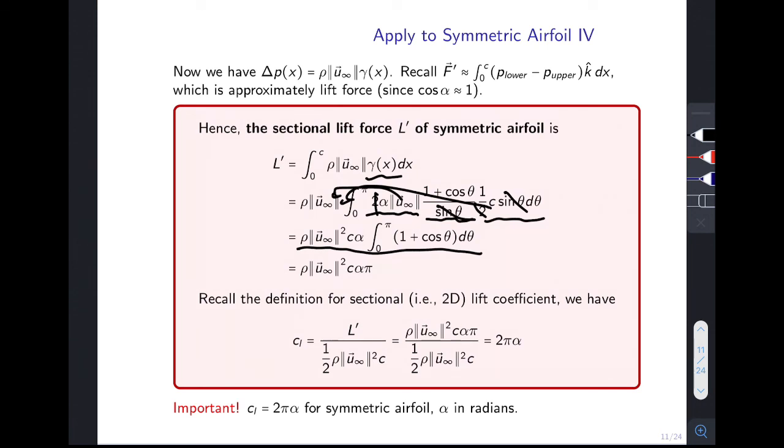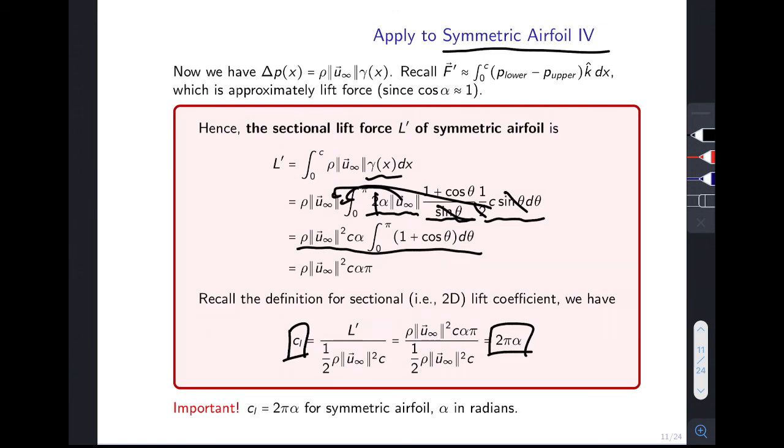Now, if we compute the non-dimensional lift, basically the lift coefficient, all we need to do is divide L prime by the dynamic pressure times the chord c. So we get a very interesting and nice expression: the lift coefficient CL is 2 pi alpha for a symmetrical airfoil.